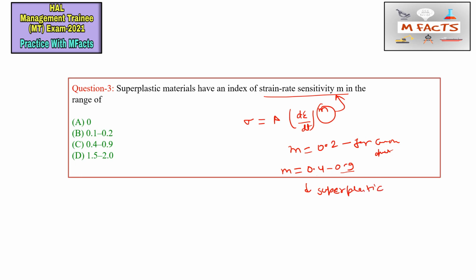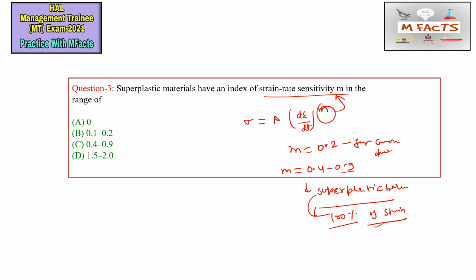This is basically the behavior where the metal is deformed by several hundred percent of strain without necking, so it can sustain larger strain. So superplastic means deformed by several hundred percent of strain without necking.